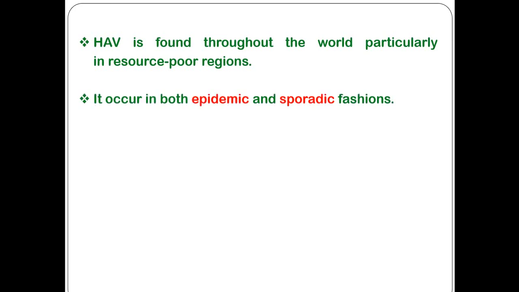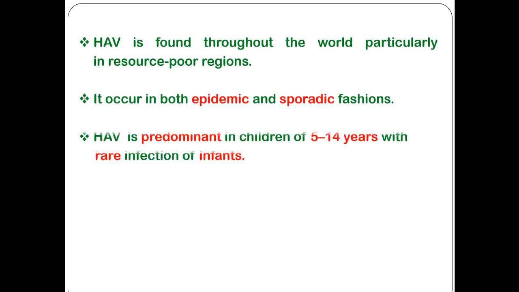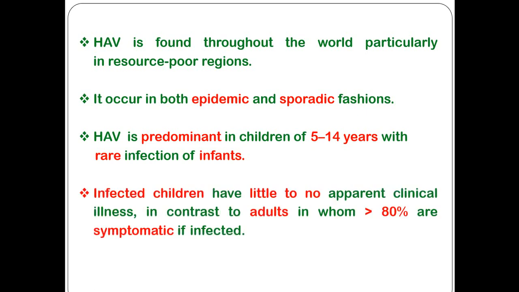It occurs in both epidemic and sporadic fashions, and it is predominant in children of 5 to 14 years of age, with rare infection in infants, and it also decreases in incidence in ages more than 14 years.